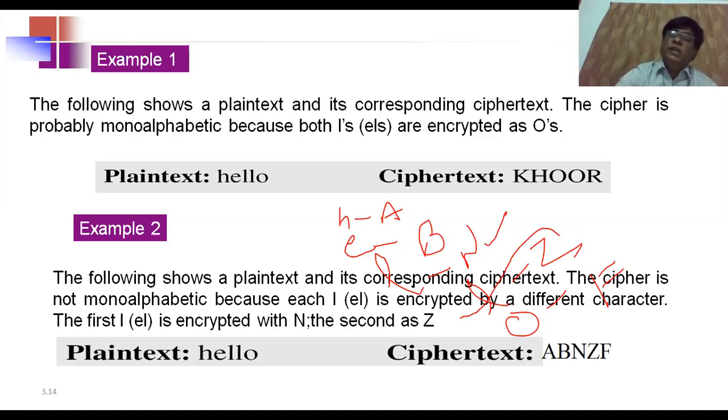One character may be replaced with more than one character in the cipher text. This is called non-monoalphabetic or polyalphabetic substitution.